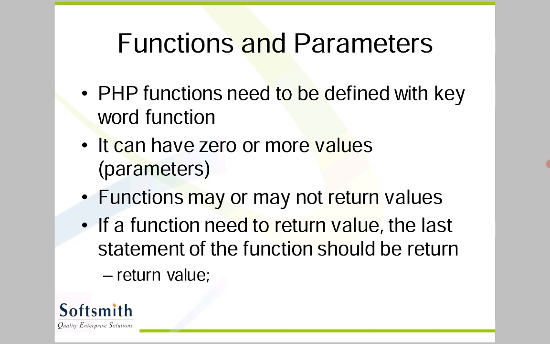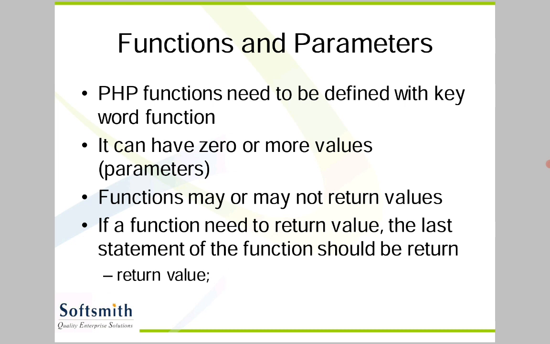Again, every function has some elements or parts. Generally, every function has a unique function name, by which we can identify it. Every function may or may not have a return value, and may or may not have parameters or arguments.